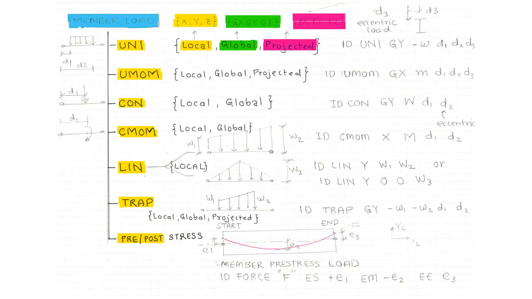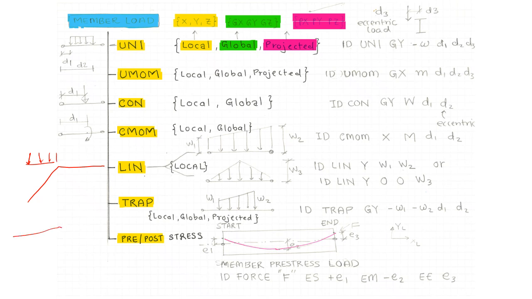This slide shows us all possible options of applying a load on a member, a beam or a line. Uniformly distributed load, and then direction. We can apply in local direction, global direction, and projected. Projected means if I have an inclined beam and I just want to apply a load like this, so it becomes projected.